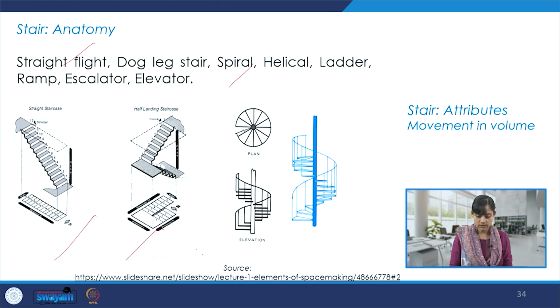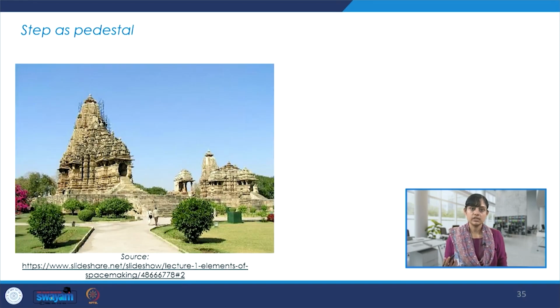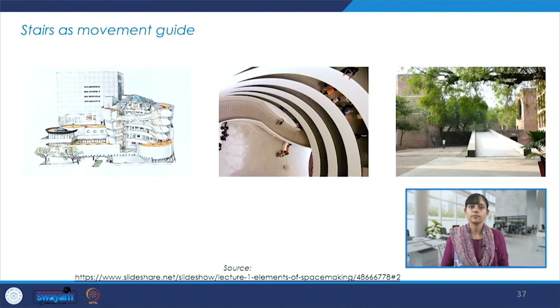These are some of the examples, and it assigns movement within a volume. It could also be seen as a pedestal, giving a kind of pedestal or plinth to the built form and creating an experience for the user to arrive at a certain point. It could also be used as a sort of seating. So there are different kinds of attributes for steps and stairs.